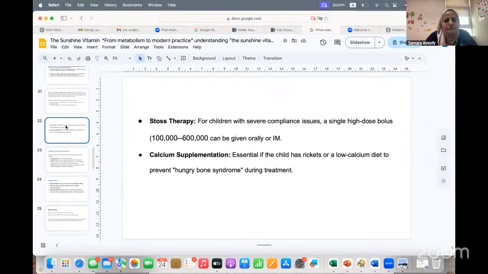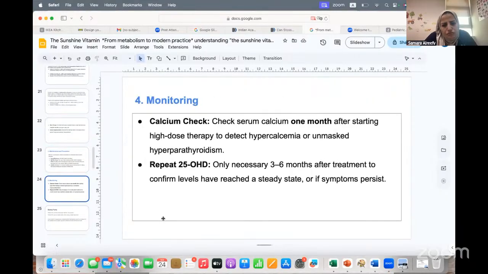And the prescription for solar exposure: there are guidelines for different skin types, as you said, biologically classified skin types.